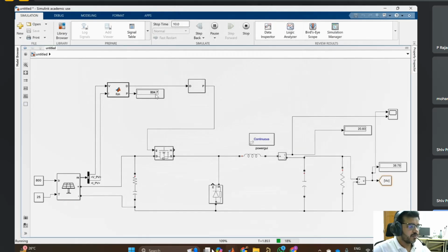Here also 804.7, approximately the same. It means it will track the maximum power by this code.